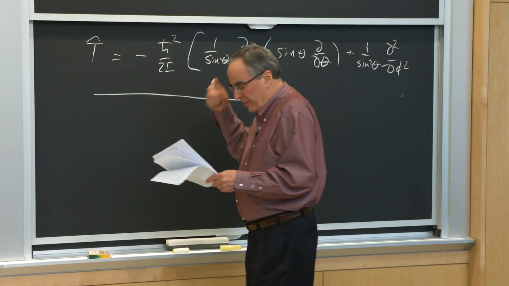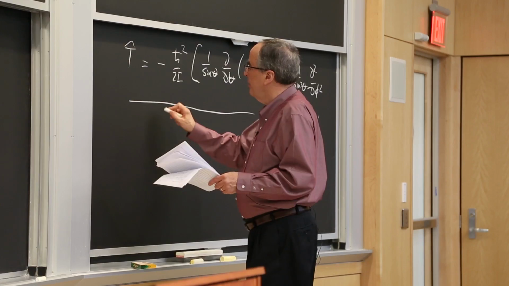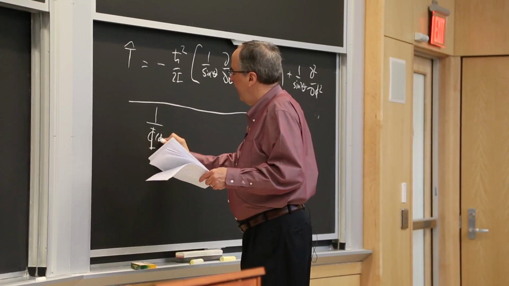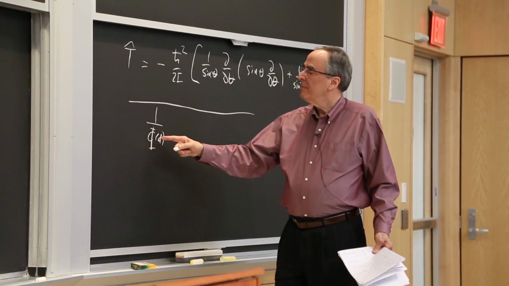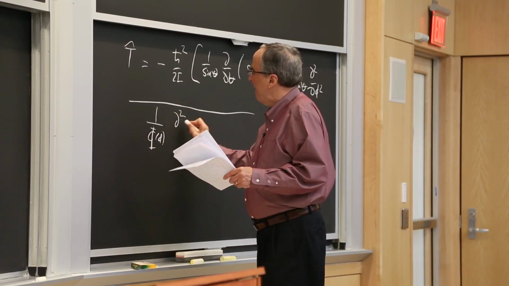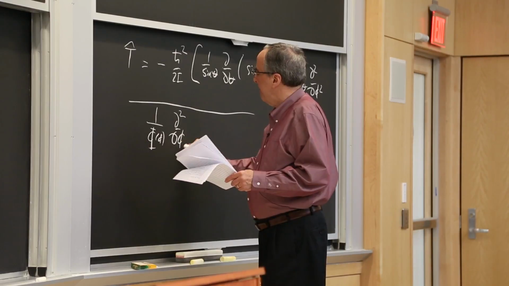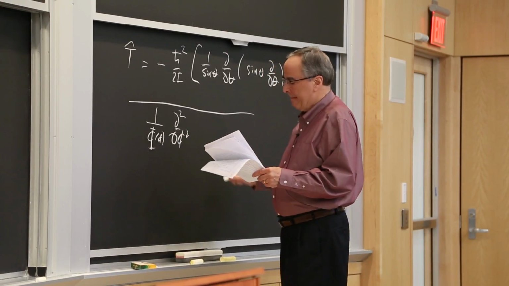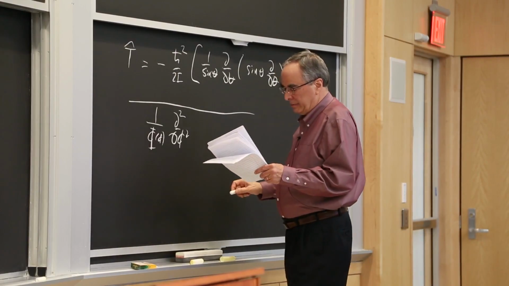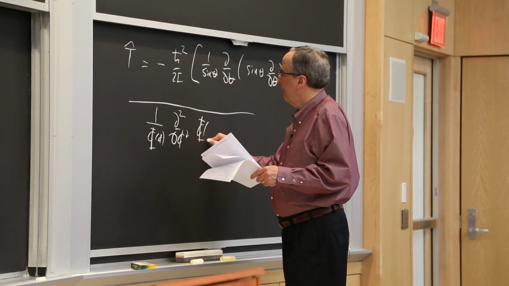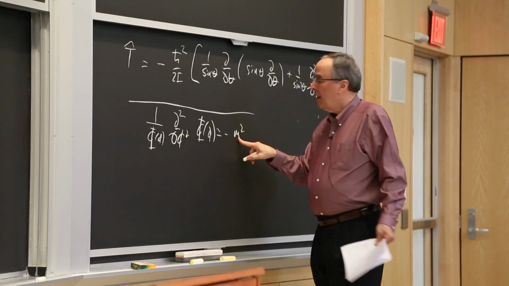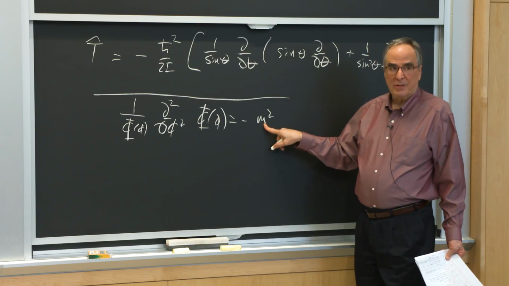So when you separate variables, we have this result, 1 over phi of phi. This is the phi part of the equation. M squared is the separation constant.